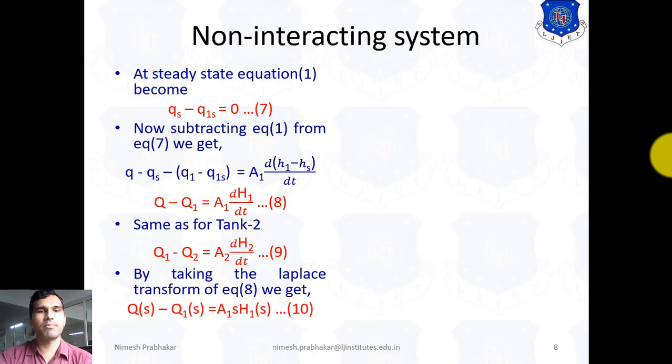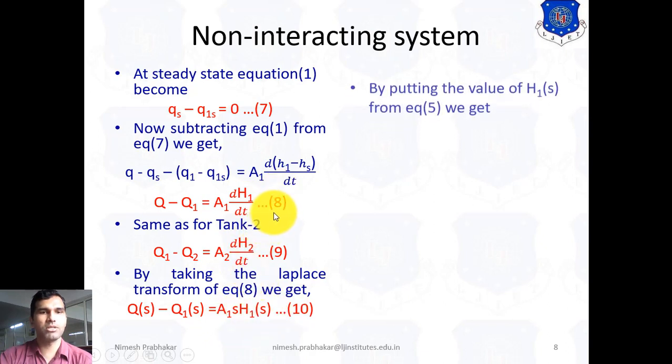Now we take the Laplace transform of equation number 8. So we can write Qs minus Q1s equals A1, and we know the Laplace transform of the derivative term is s H1s. So we get the Laplace transform of this equation.